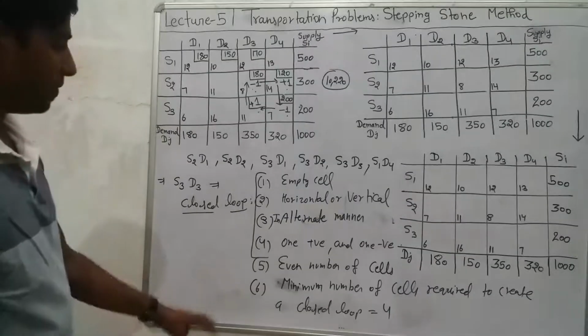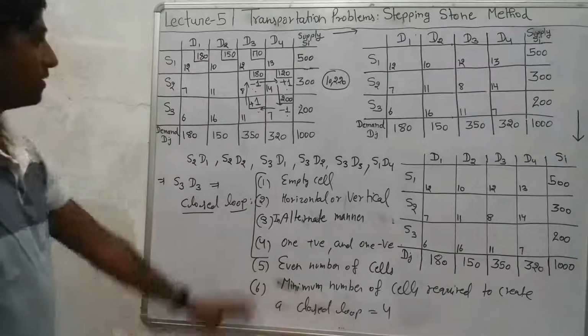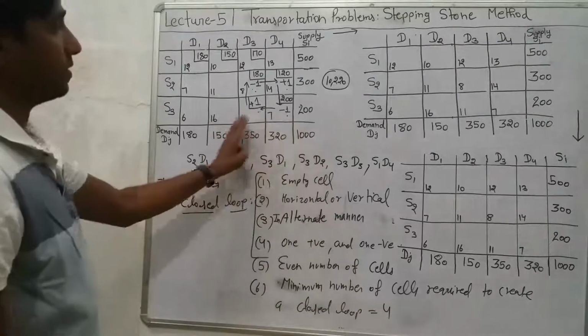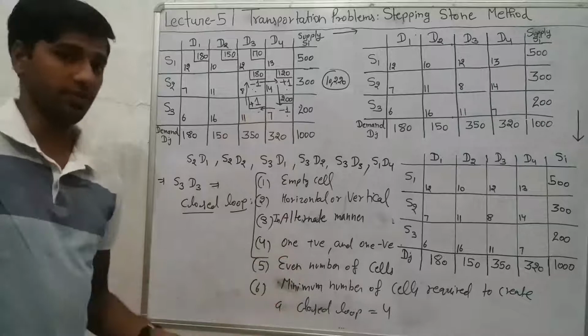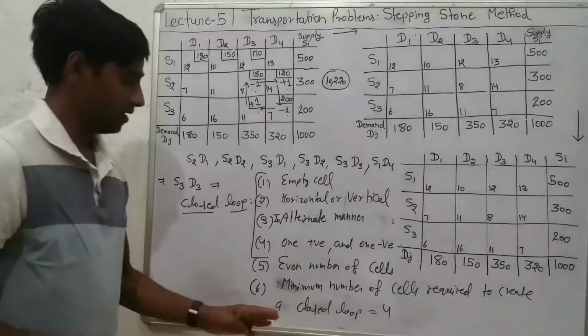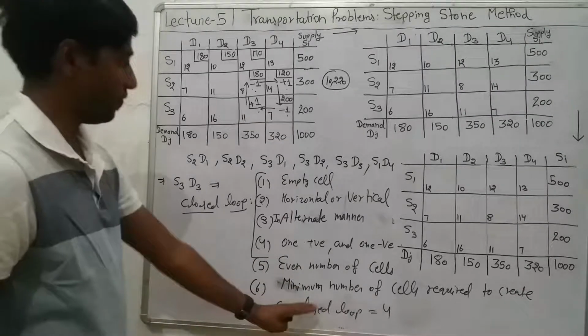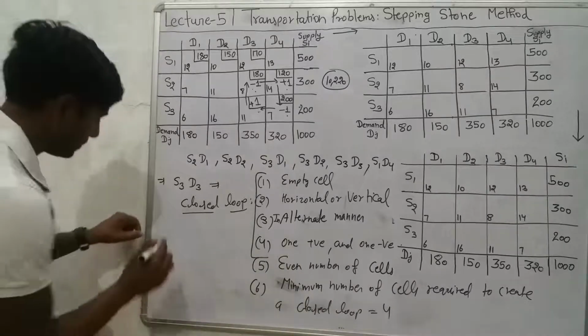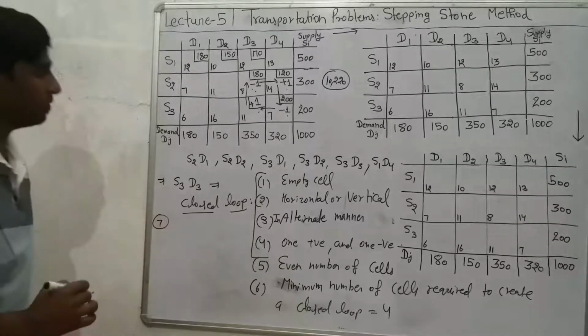So the minimum number of cells required to create a closed loop is 4. There cannot be 2 cells creating a closed loop. So you require at least 4 cells to create a closed loop. And what is the 7th rule to create a closed loop?